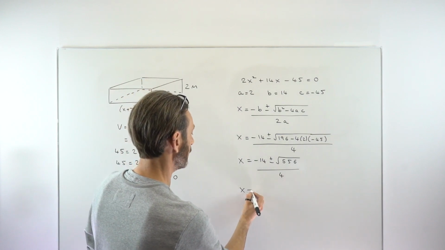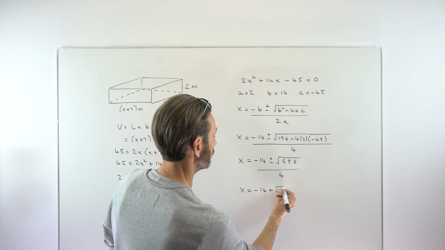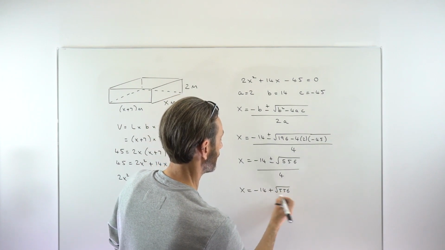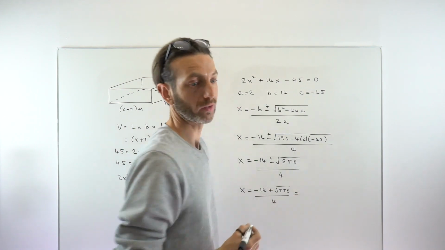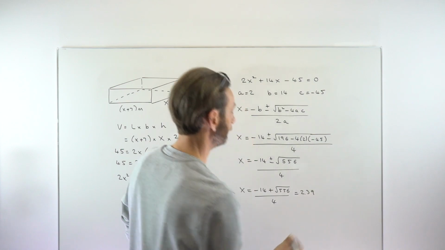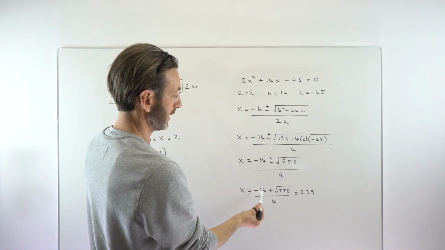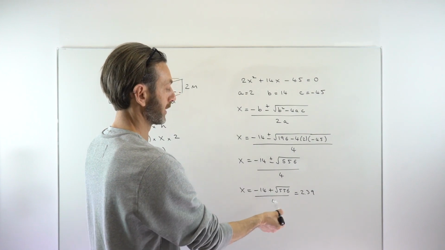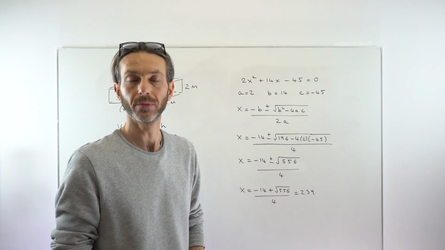If you do the one with the plus, you get minus 14 plus root 556 divided by 4. That comes out to be, I checked this one earlier, 2.39. If you do the other one, which would be minus 14 minus root 556 over 4, you get a second value. It comes out to be minus 9 point something, I think.